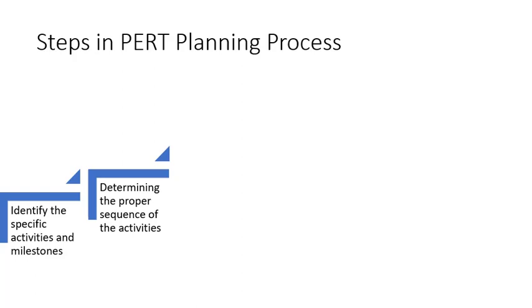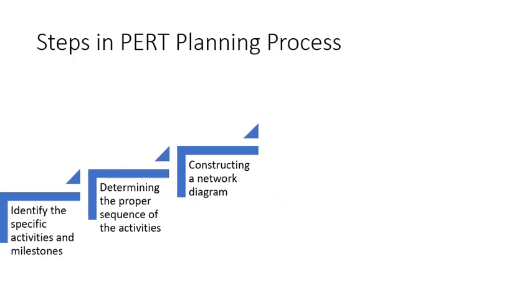So first you have to specify the activity, then you have to determine the proper sequence of executing these activities. Then, using the activity sequence information, a network diagram can be drawn showing the sequence of serial and parallel activities, that is constructing a proper network diagram.